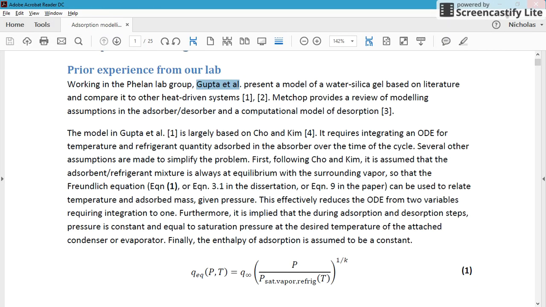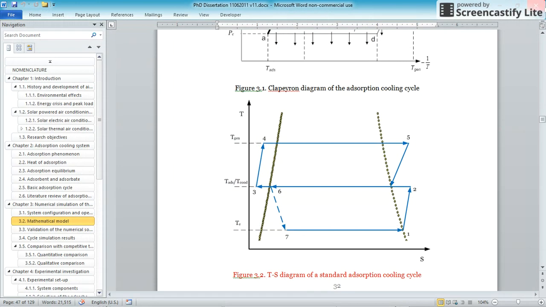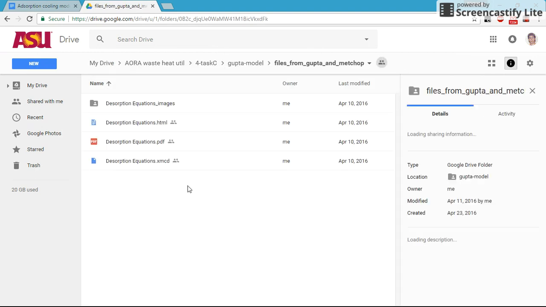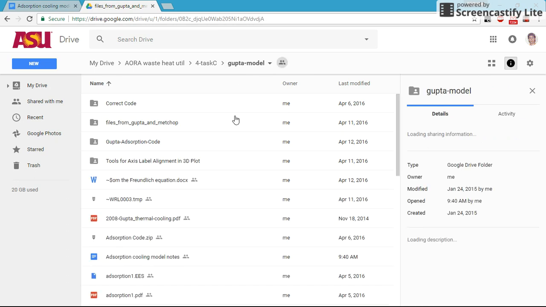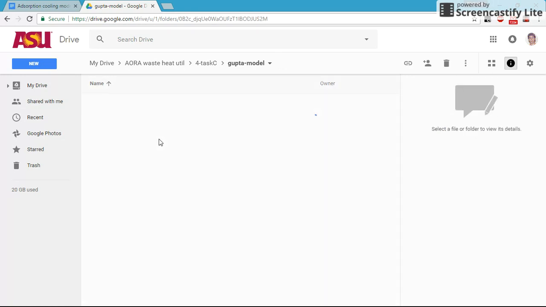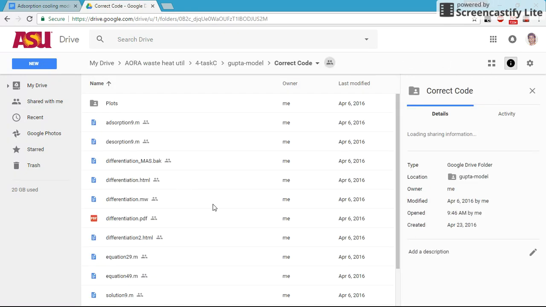Now, the code that comes with this, files from Gupta and Metchop. These are just some math files. The actual code, I believe this is the code they provided to me in this folder.